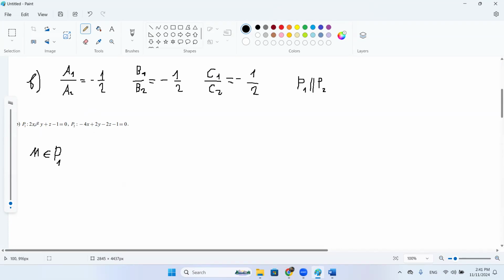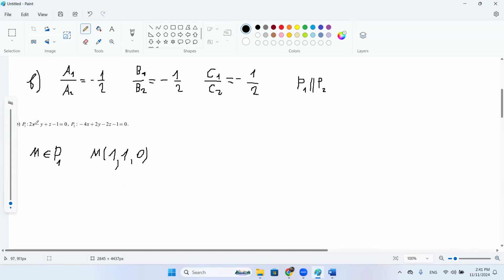For example, if x is 1 and y is 1, so M with coordinates 1, 1, and z is 0.